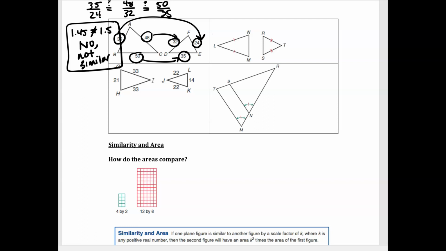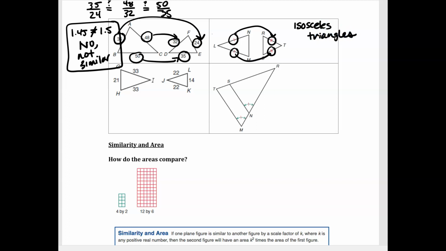Okay, so for this next figure, it looks like this side here matches up with this side. This side looks like it matches up with that side. One thing I do know is if we have two sides that are the same, these are called isosceles triangles.